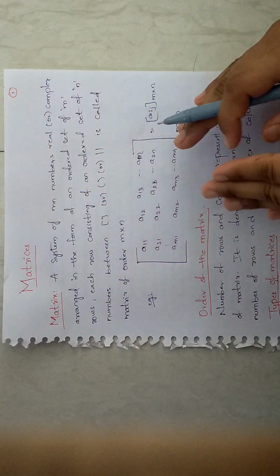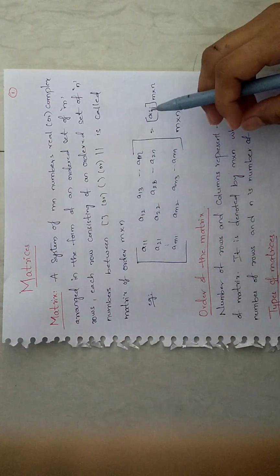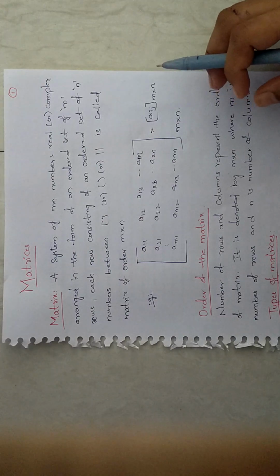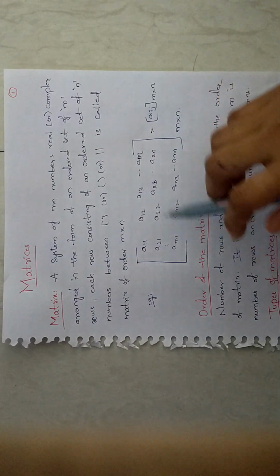Matrix means it is a system of numbers, which can be real or complex numbers, and they are arranged in rows and columns. That is called a matrix. How many rows and how many columns, we don't know that. There can be any number of rows and any number of columns.